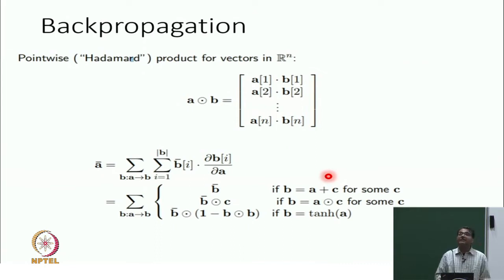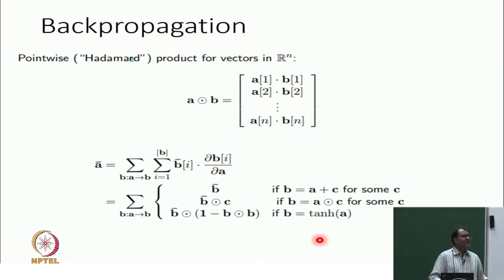They are also called element wise product. Okay. So then there it will become b bar element wise product with c, and if it is 1 minus b square, then it will become 1 minus b Hadamard product with b, and then b bar will also be a Hadamard product.